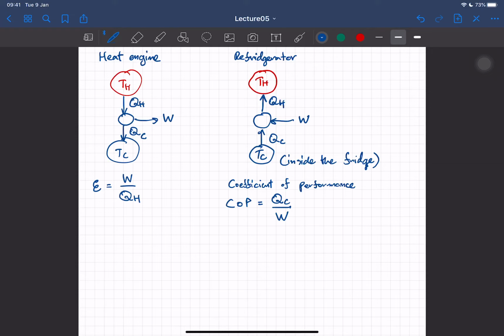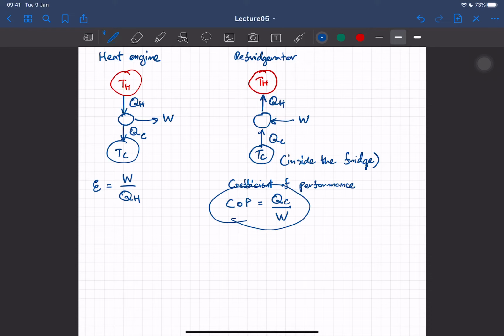Okay, so the reason why we don't call this an efficiency is because the number can be greater than 100%. So it's a little bit strange to define it as an efficiency, but in terms of using this as a figure of merit, meaning that the larger this number is, the better the refrigerator is, it's the same thing, right?